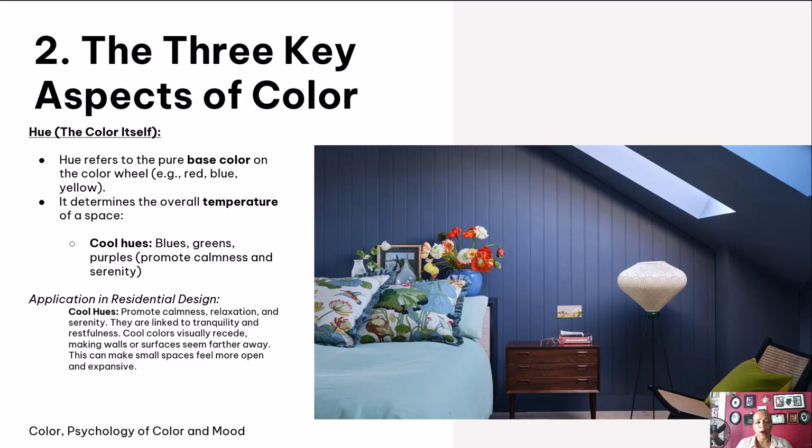Green reminds us of grass, which is typically sort of cool when you touch it. So cool colors or cool hues is now the more specific term versus warm hues.